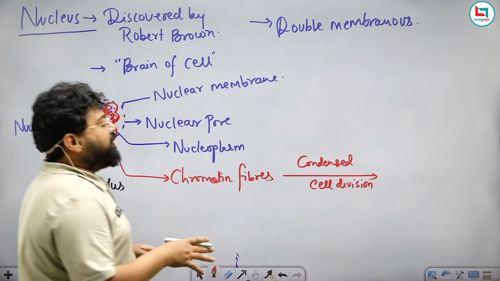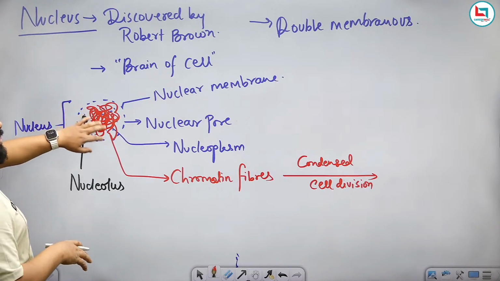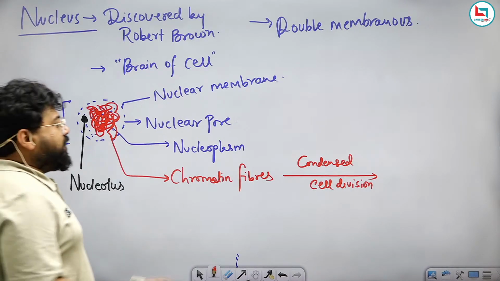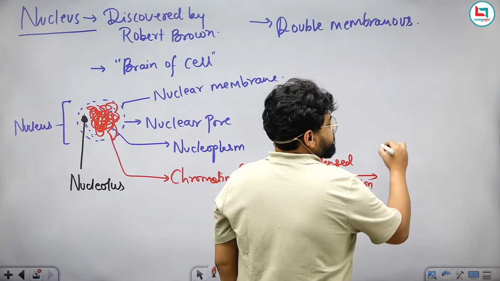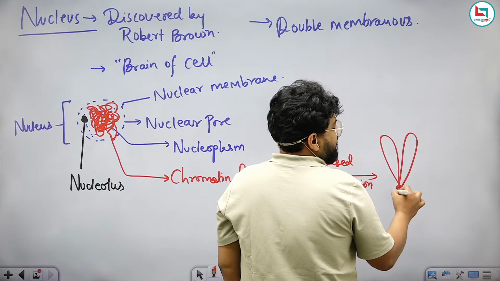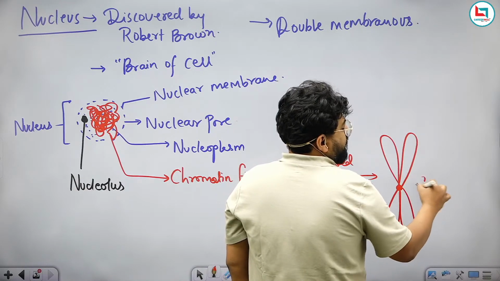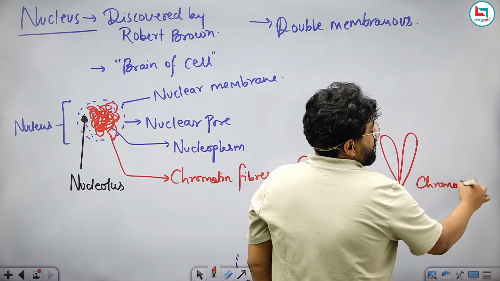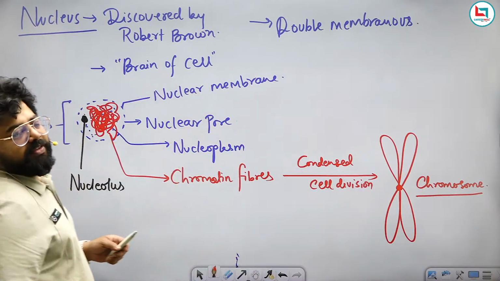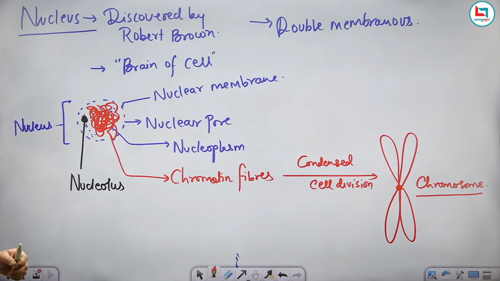Normally, when a cell does not divide, these structures look like highly coiled fibers. But when a cell starts cell division, these chromatin fibers get condensed and form a rod-like structure, and these rod-like structures are said to be chromosomes. Later on, when we start the class on nucleic acid, we'll define the chromosome again.